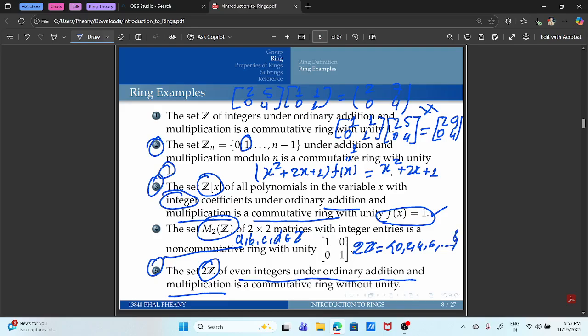Here, don't forget to include the negative part also: minus 2, 0, and positive 2. Yes, this is called even integers under addition and multiplication. It is commutative, yes, but there is no unity in here. Why? Let me show you why there is no unity in here.